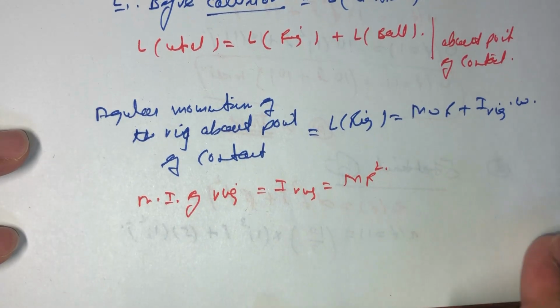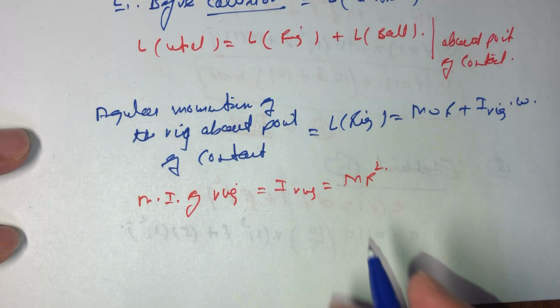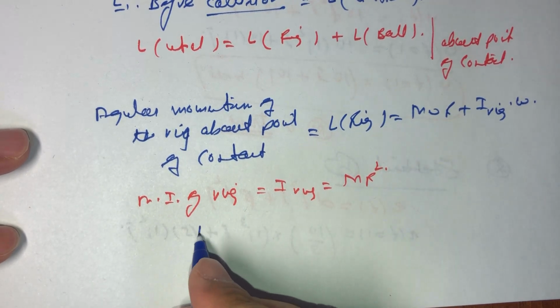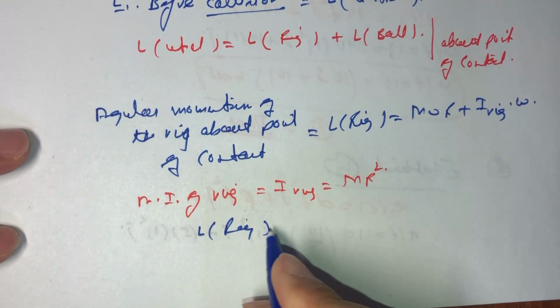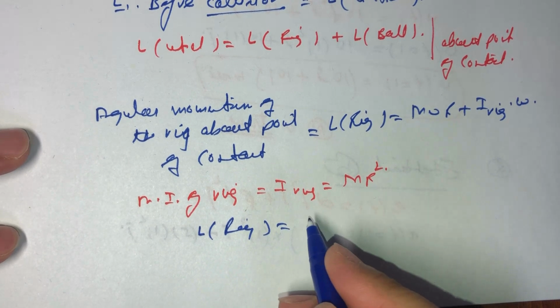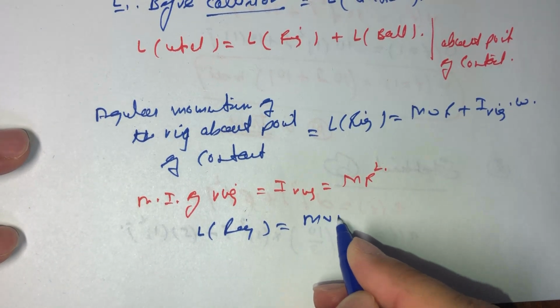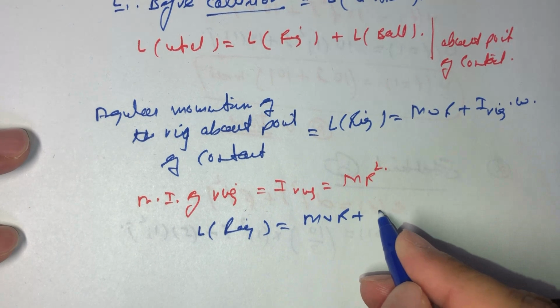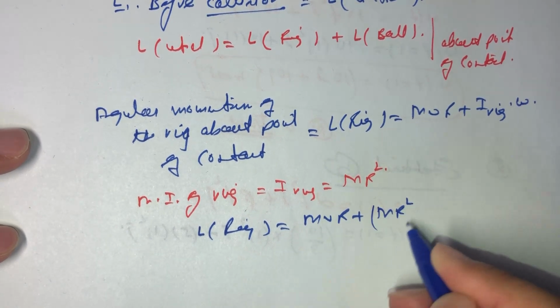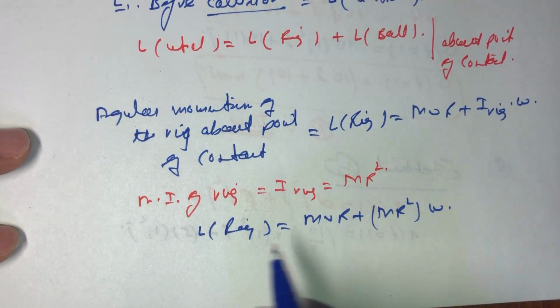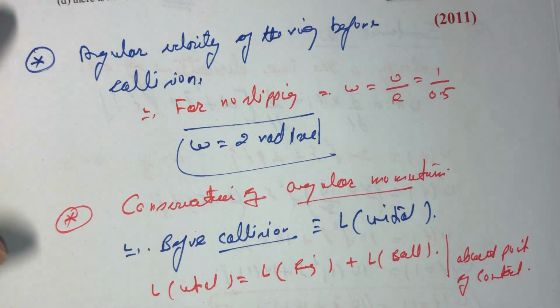So the angular momentum will be equal to mvr plus mr square multiplied by omega. So we found out the first part.